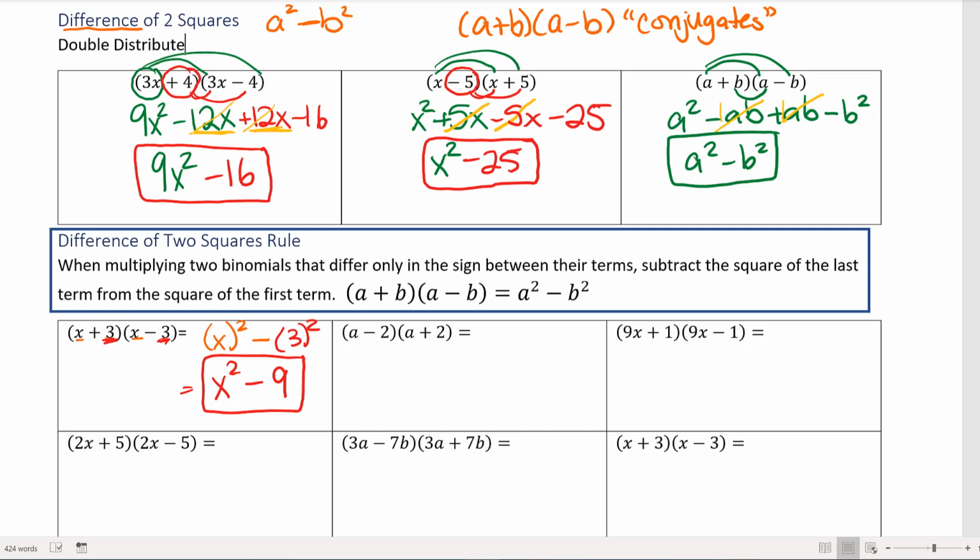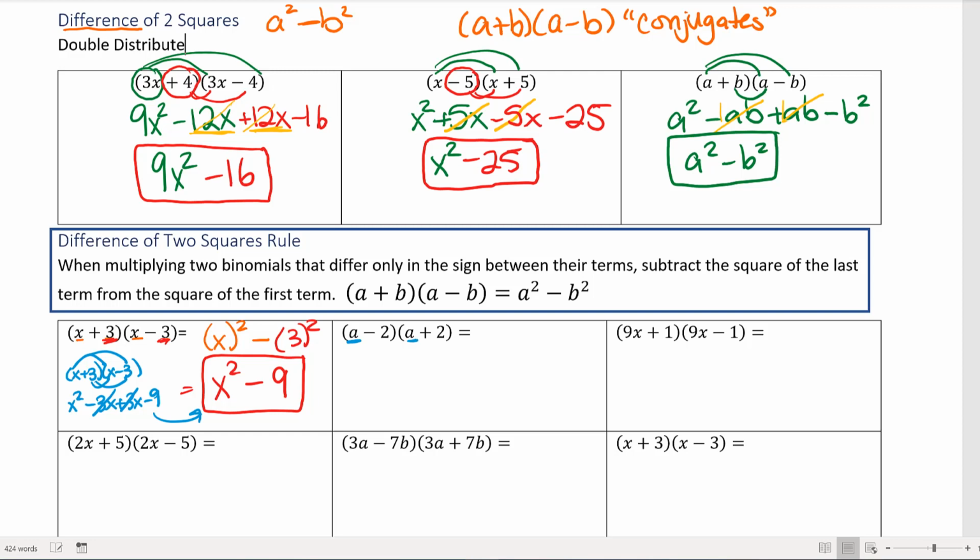Now, if you're like, I don't know if that's right, you could do it the long way. I'm not going to do it the long way every single time because we're practicing not to. I'm just trying to prove to you that this rule does work. So x times x is x squared minus 3x plus 3x minus 9. The two middle ones are always going to cancel out, so then you'll get just x squared minus 9. So I did prove that it works, but I'm not going to do it every time.